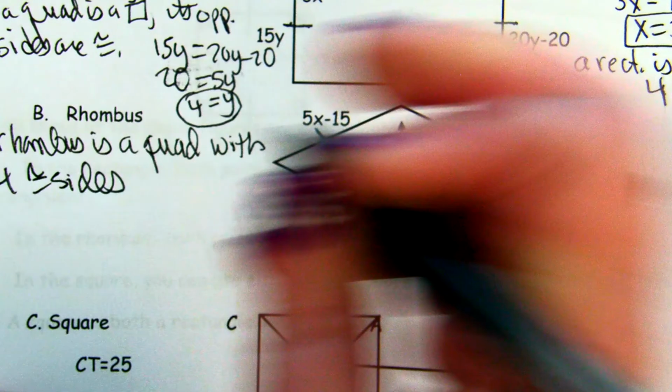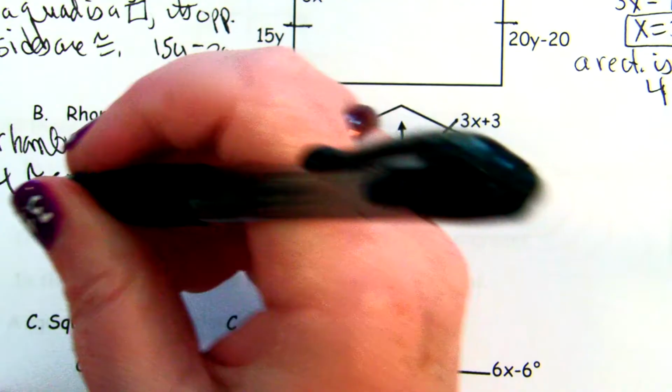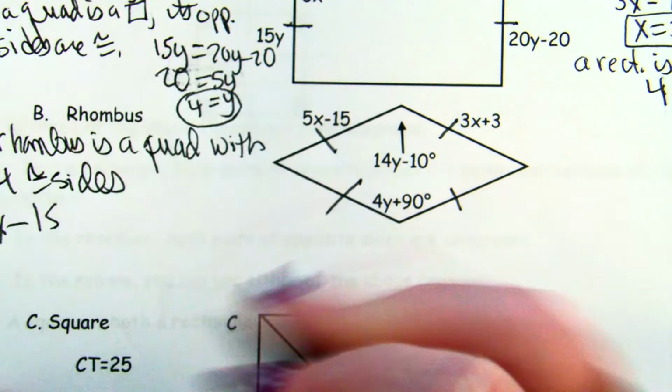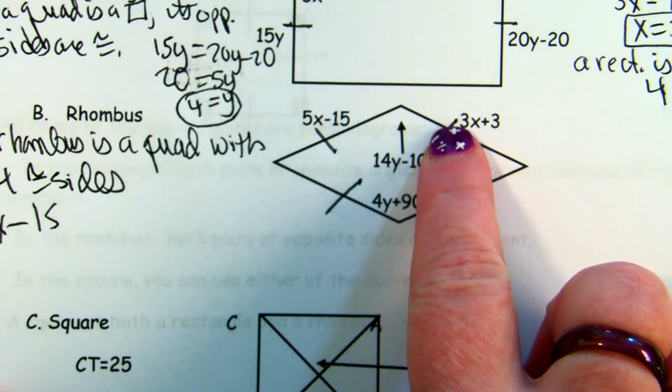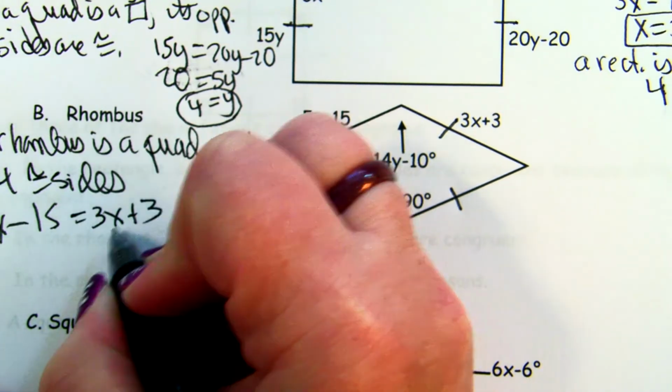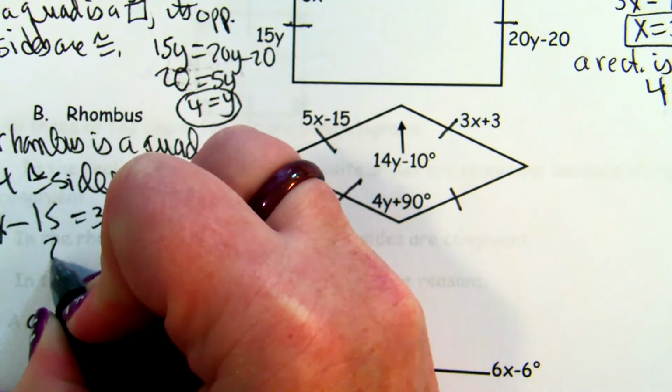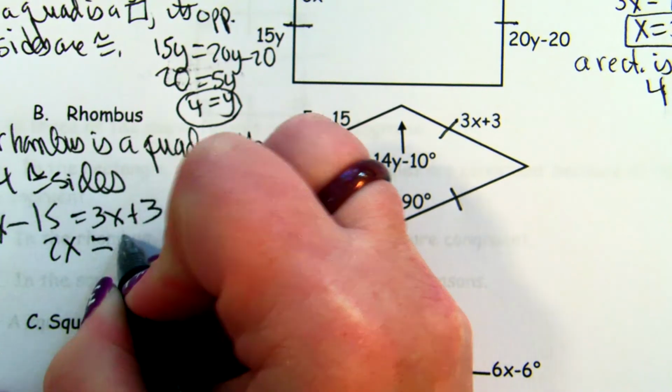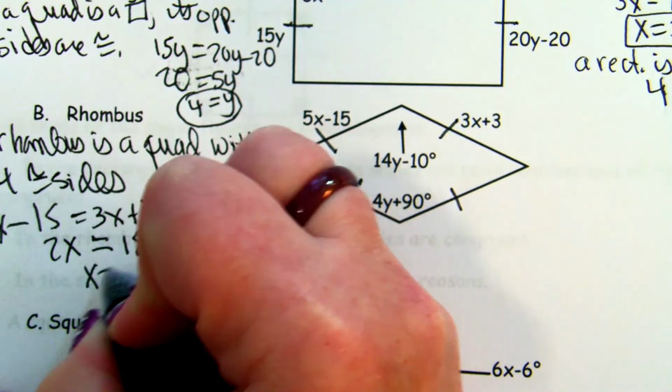So that means 5x minus 15 equals 3x plus 3. Subtract 3x, we get 2x. Add 15, we get 18. X equals 9.